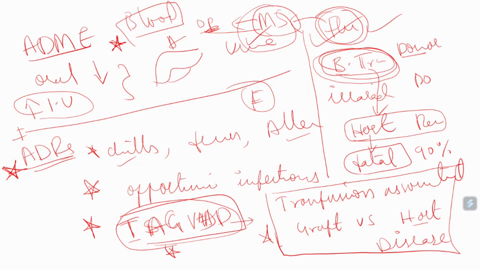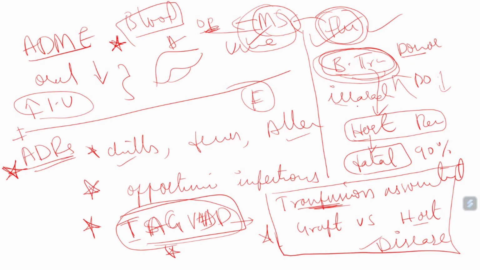Irradiation is nothing but exposing the donor's blood to radiotherapy. That is called irradiation exposure, the irradiation strategy. In that irradiation, what happens? All the lymphocytes and other potential cells which cause transfusion associated graft versus host disease will be killed.